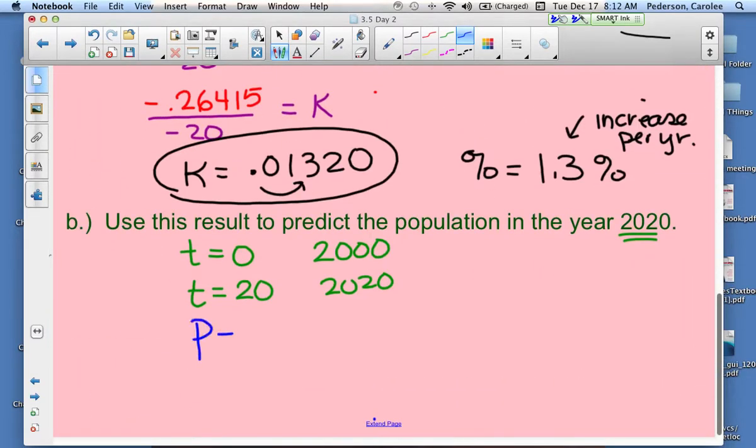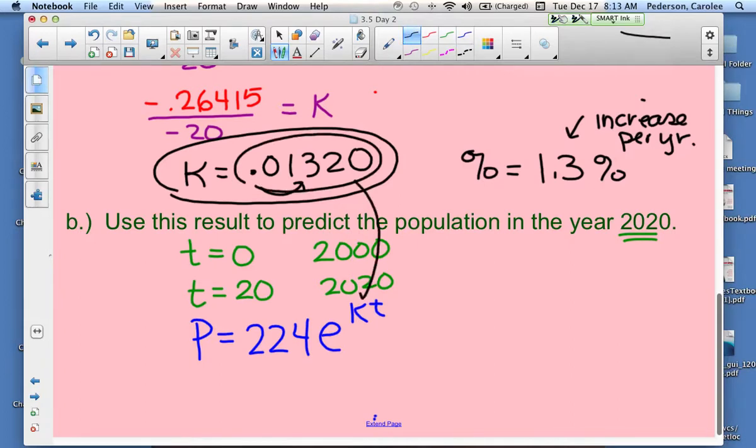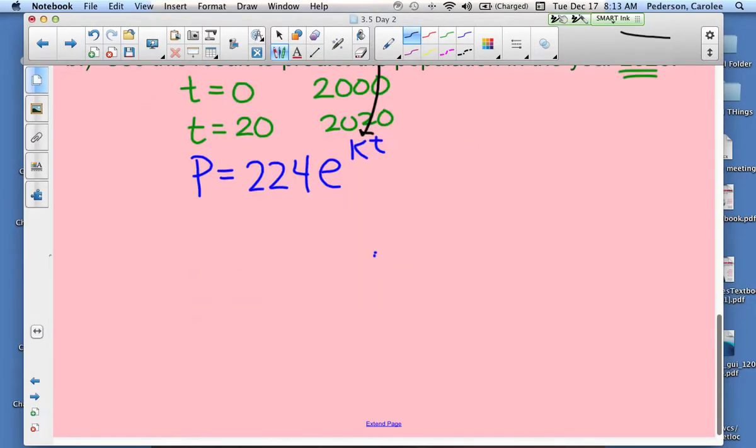So P equals 224e raised to the kt, and I'm going to take this k value and substitute it right there. So now my model looks like the population.